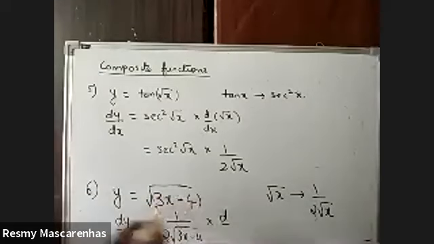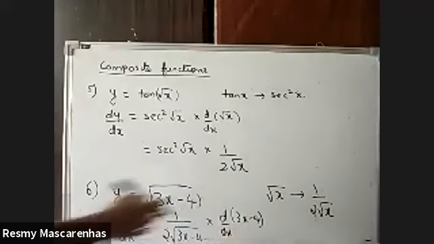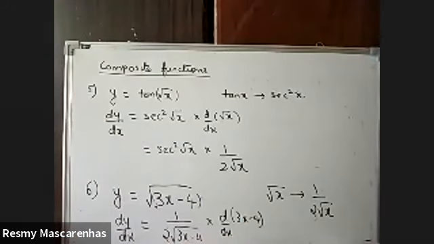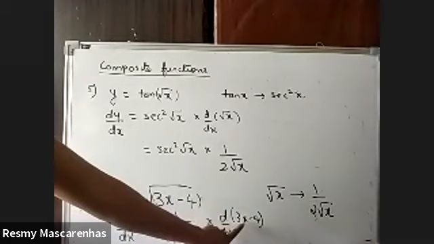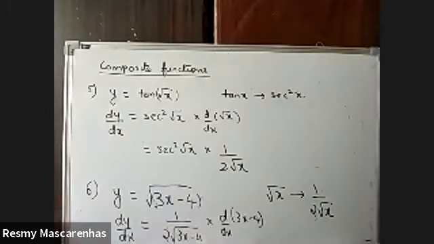anything other than x is there, you have to take its derivative extra. So 3x minus 4. Take the derivative and write the answer. So this will be 3 only. The derivative of x will be 1 and the derivative of 4 will be 0.